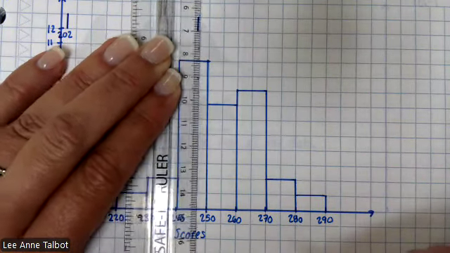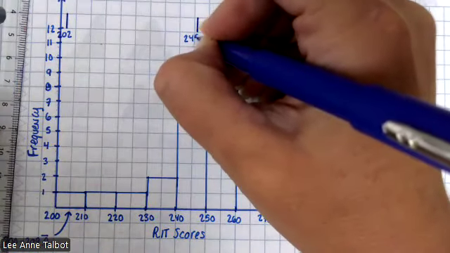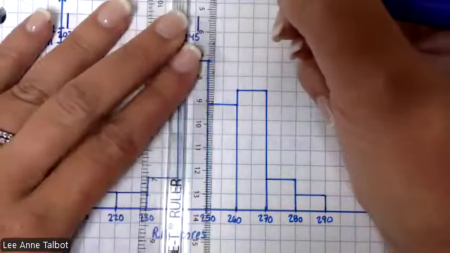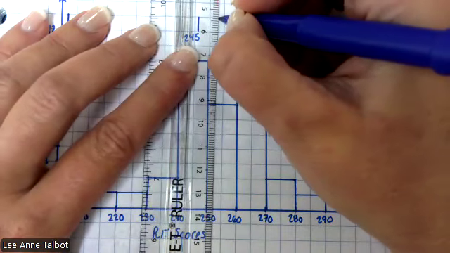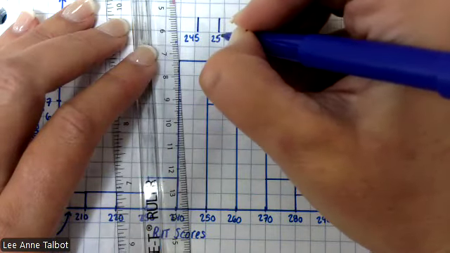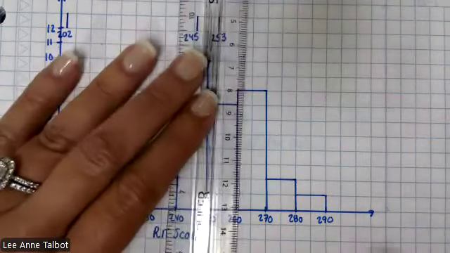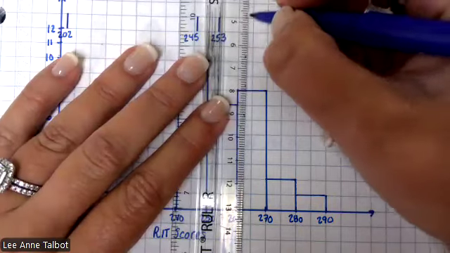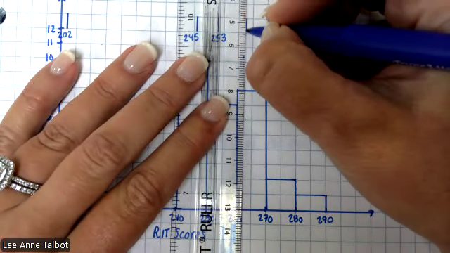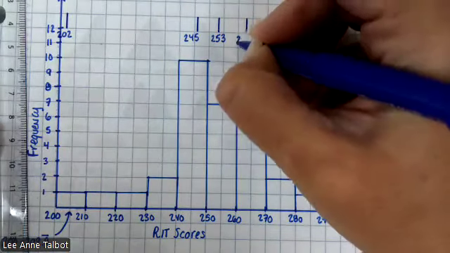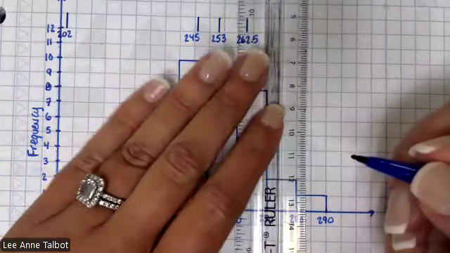The median is 253. The third quartile is 262.5, which you're just going to have to estimate as best you can. And then the maximum was 284.